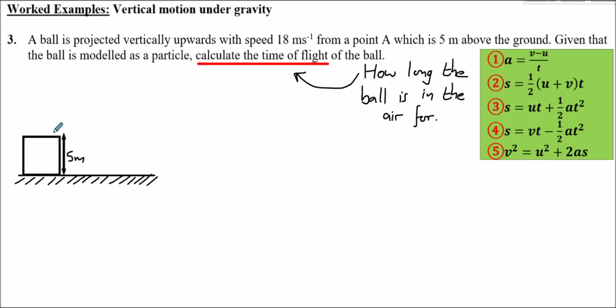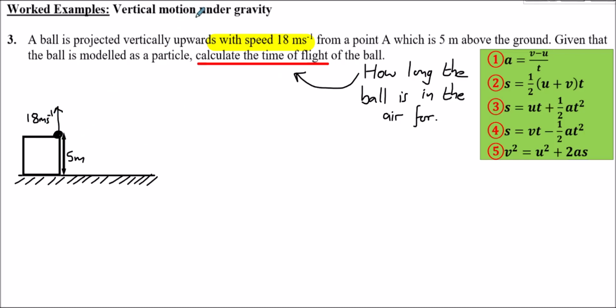So it's gone up here, straight up, with initial speed of 18 meters per second. Who knows if it went up from a square shape or a building or just something which is 5 meters high? Who knows?